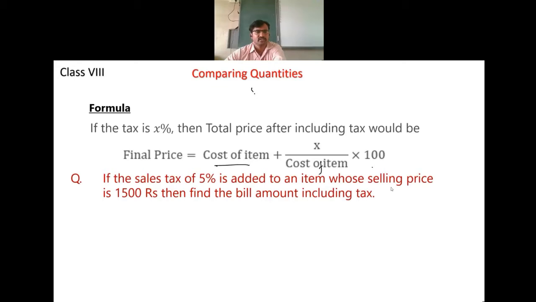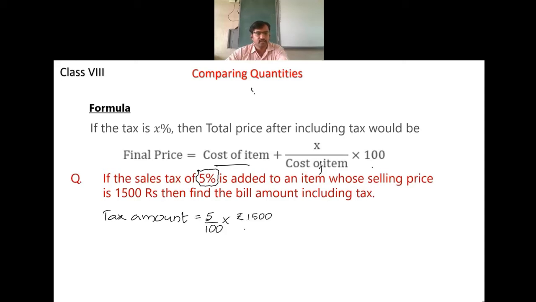Let's solve this question. If a sales tax of 5% is added to an item whose selling price is 1,500 rupees, then what will the bill amount including the tax be? It is 1,500 rupees plus 5 by 100 times 1,500.